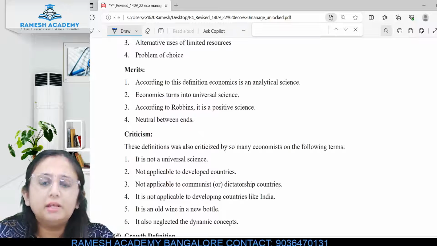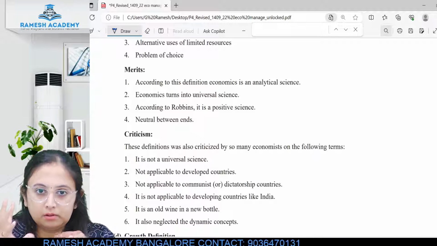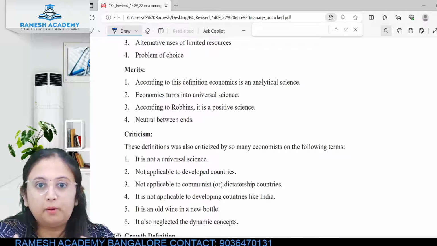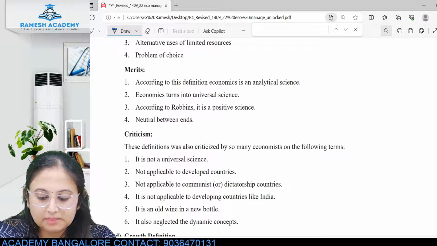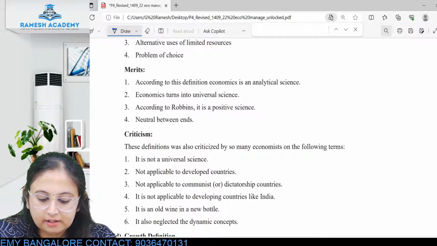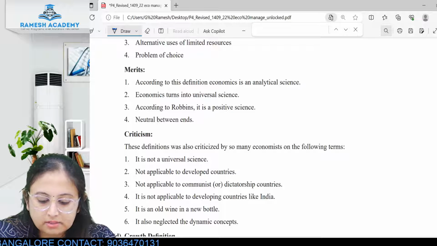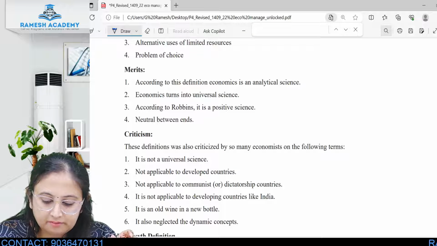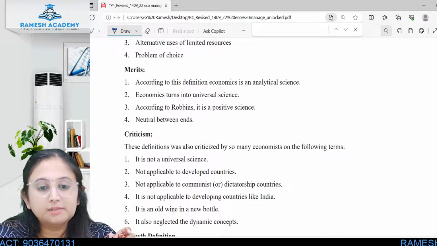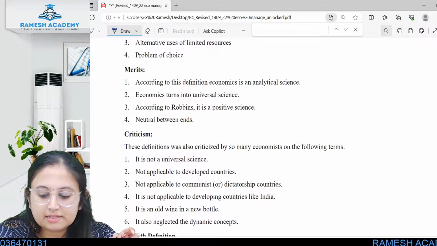Then what are the merits of this definition? What are the advantages, or what are the positive points about the definition? First one, according to this definition, economics is an analytical science and it turns into a universal science. So analytical science, according to this definition, economics becomes an analytical science. Analytical science means what?